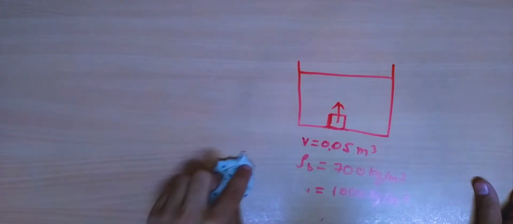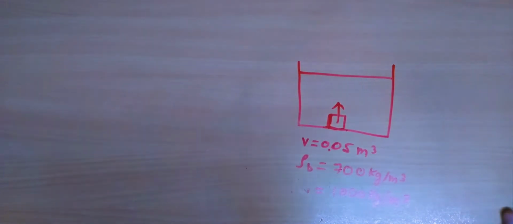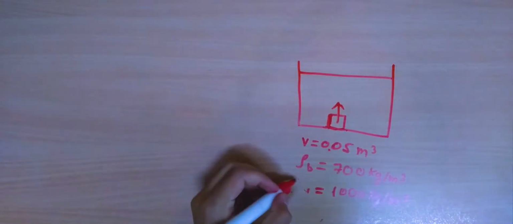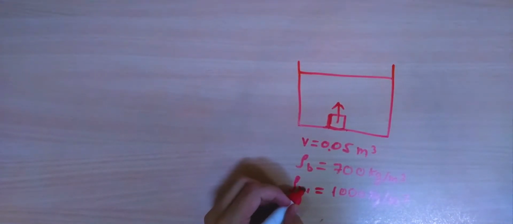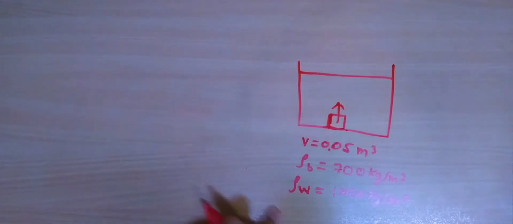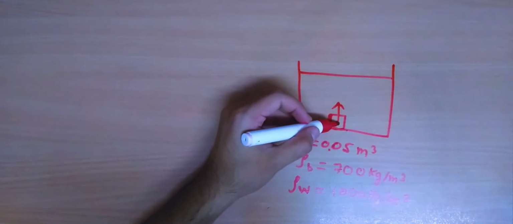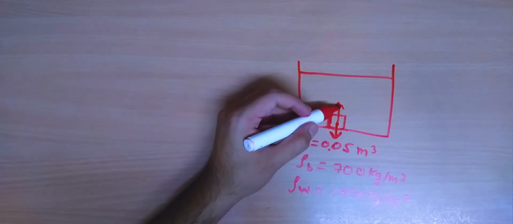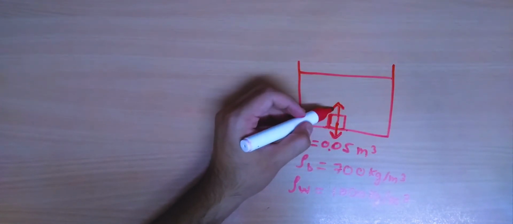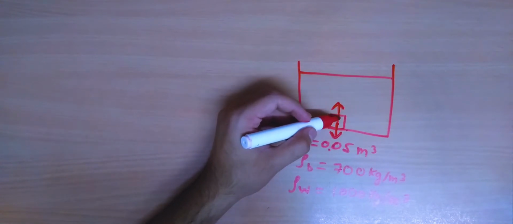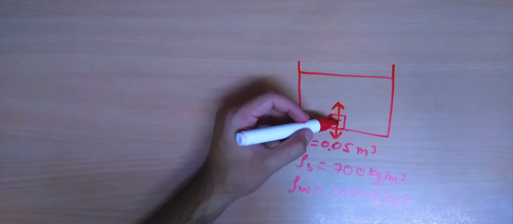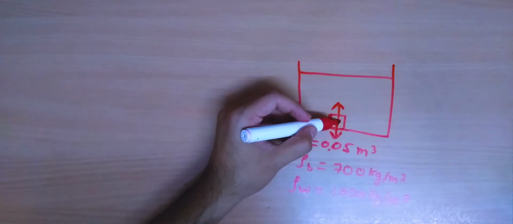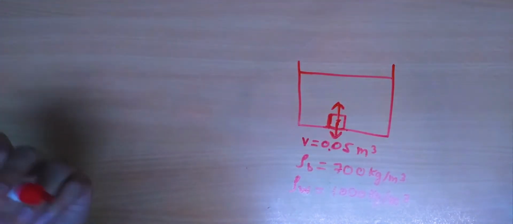So the first and the most straightforward method would be to look at the forces involved in this particular case, right? What are the two forces? Well, we have the weight which is acting downwards in this direction, and we have the buoyant force which is acting in that direction, right? So we have to find the net force on the object, and if the net force is 0, the object will stay where it is because we'll get no acceleration.